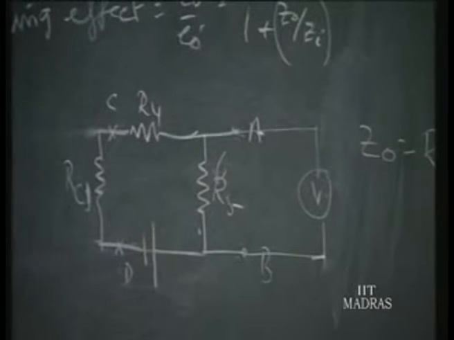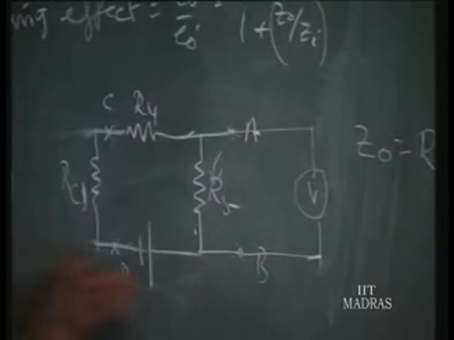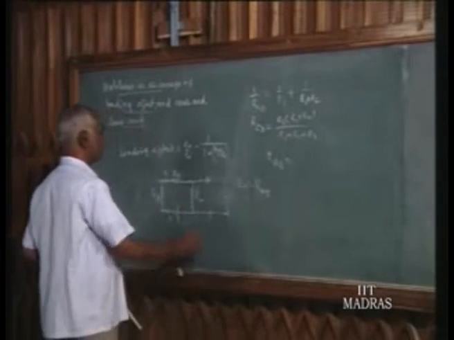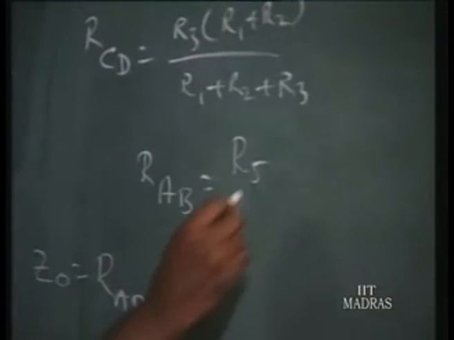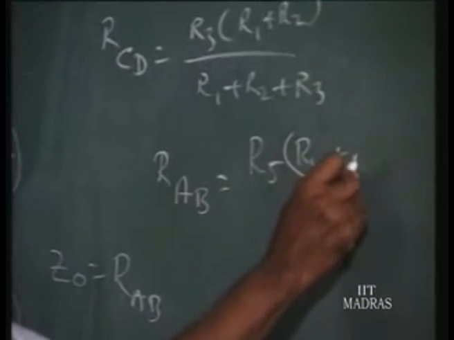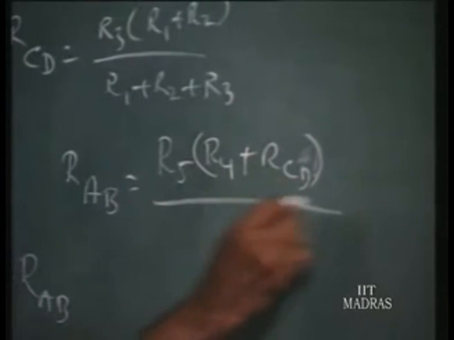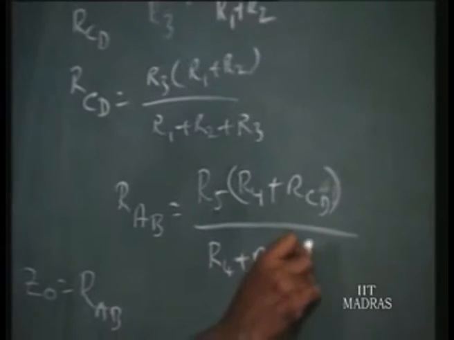So, we short circuit this. So, now here again we have got two parallel paths. So, RAB is equal to R5 into the other parallel path, that is R4 plus RCD, divided by R4 plus R5 plus RCD.